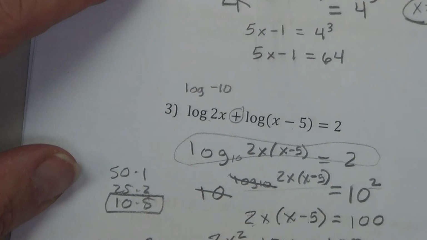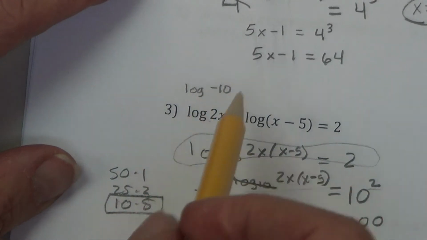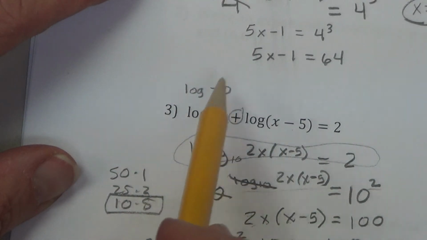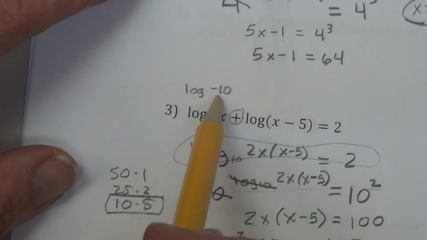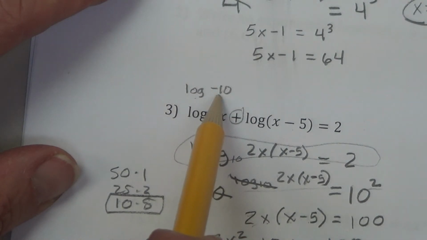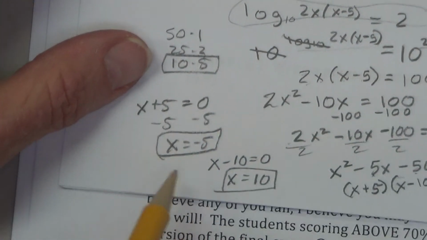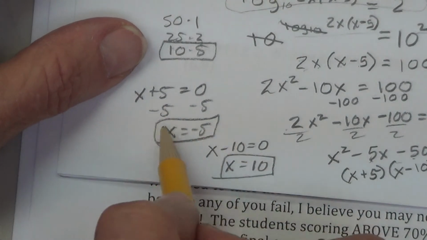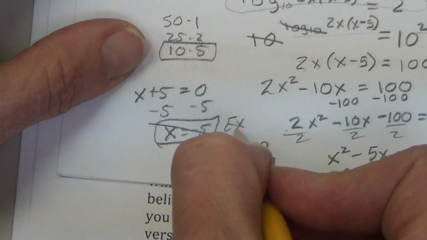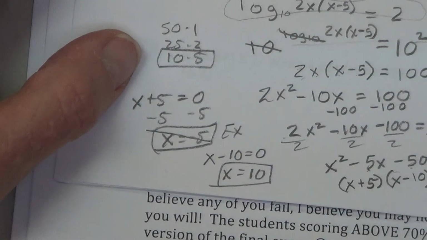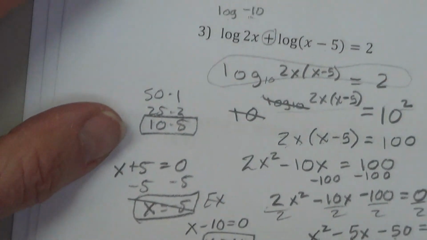There is no such thing as a negative number here for a log because we can't get a negative number when we're raising numbers to a power. So x equals negative 5 is extraneous. I would just mark it as EX as you mark it out. That means it can't occur.